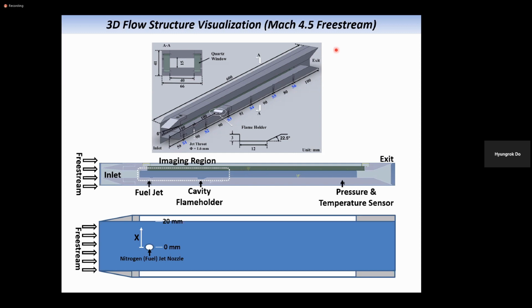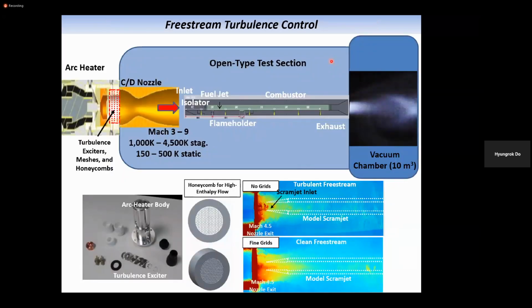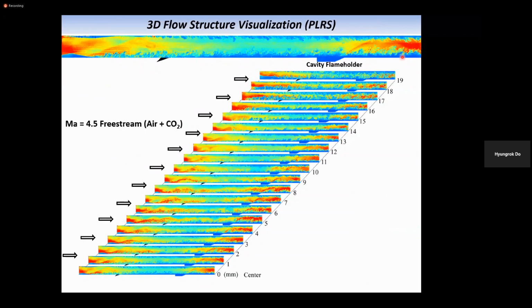And the thin laser sheet that is transformed using a combination of lenses will be injected through this vehicle. Okay? And then that laser beam will cause scattering.